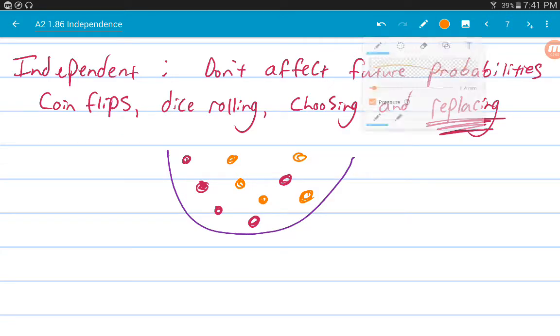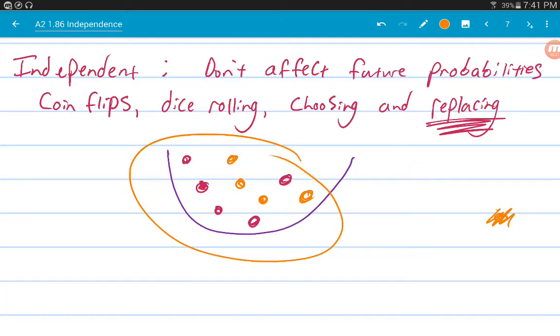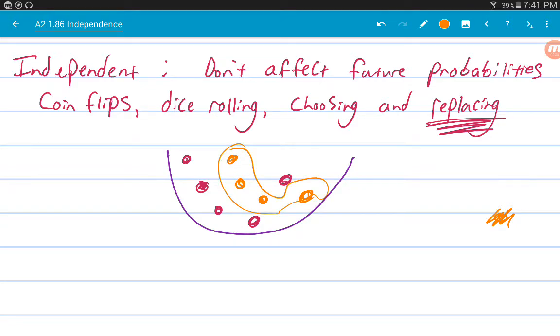Now, if I'm taking something out of that bowl and I'm not replacing it, let's say I'm eating it, that is not independent, because I've changed the scenario. What happens in the future is dependent on what's happened in the past. For instance, now I have 1 less orange to choose from. The probability of getting an orange is only 4 out of 9, whereas a second ago, the chance was 5 out of 10.